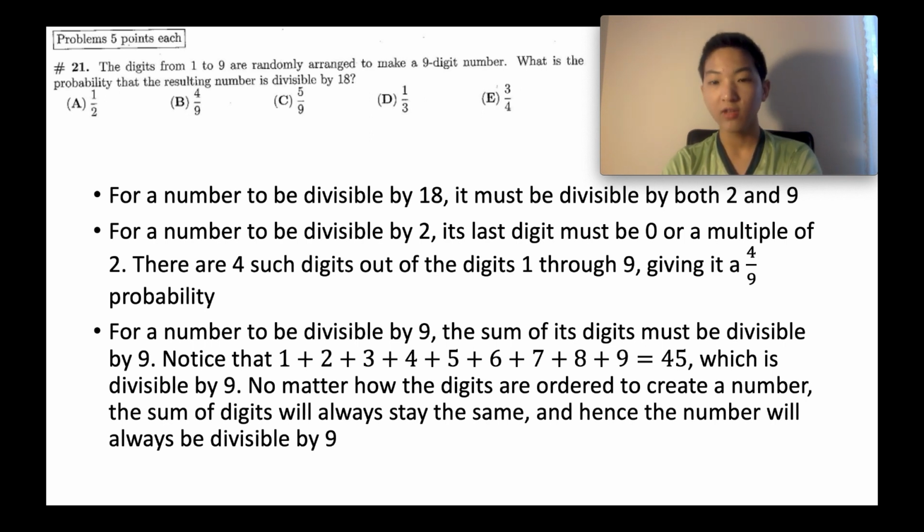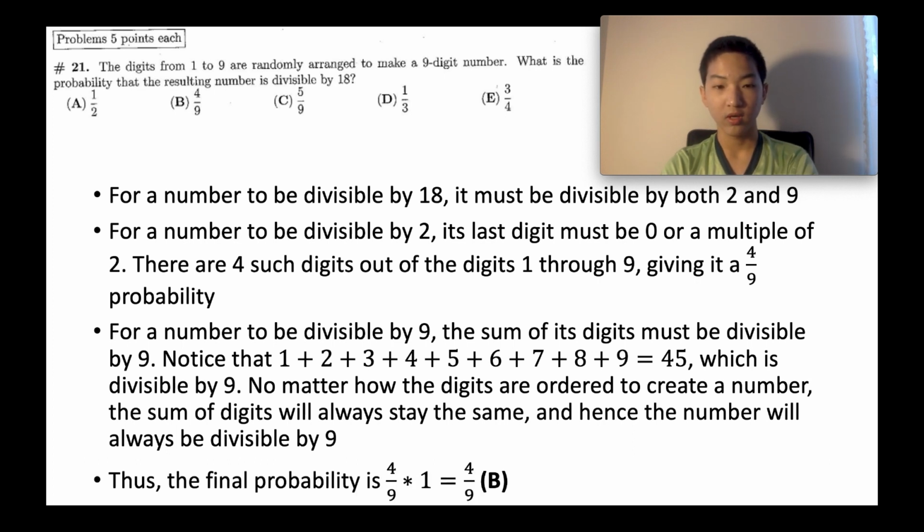So no matter how the digits are ordered to create a number, the sum of the digits will always stay the same. So thus, all numbers created by randomly arranging the digits 1 through 9 will always be divisible by 9. Thus, the final probability is 4/9, which is the chance that it's divisible by 2, times 1, the chance that it is divisible by 9, giving the probability 4/9, B.